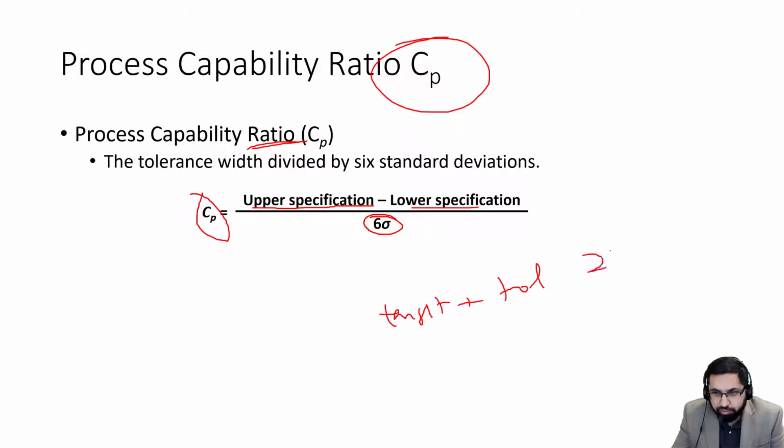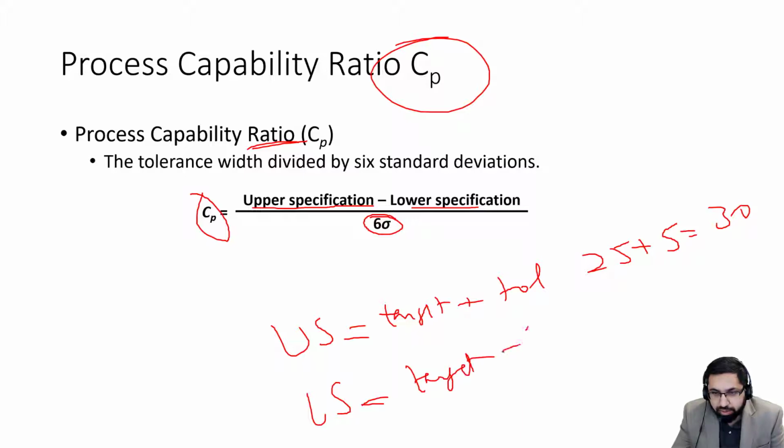So if the target is 25 and the tolerance is plus or minus 5, 25 plus 5 equals 30. That's the upper spec. And the lower spec is the target value minus the tolerance. This gives us 25 minus 5, or 20 minutes.